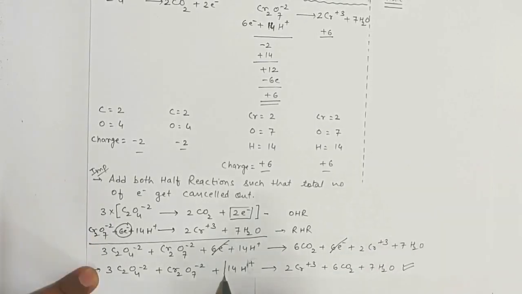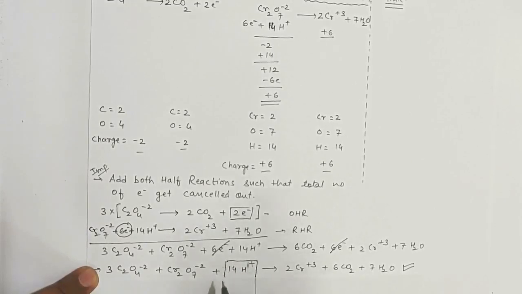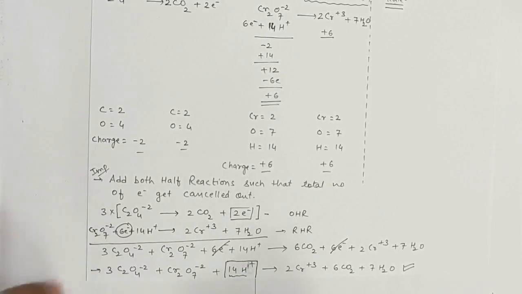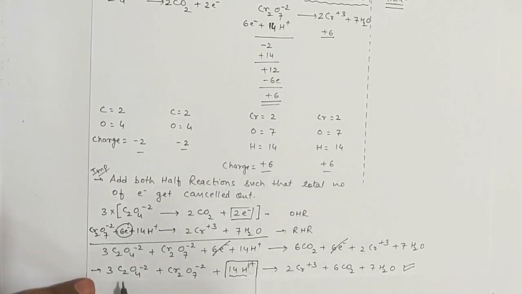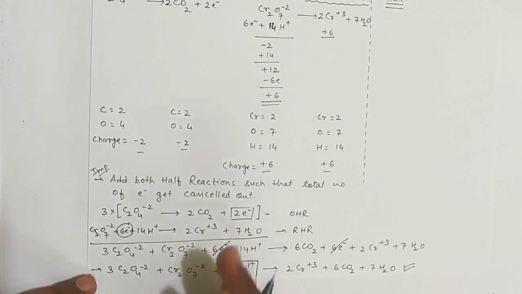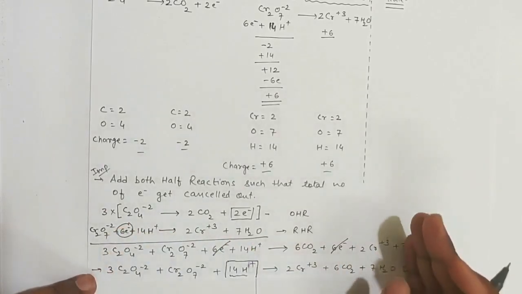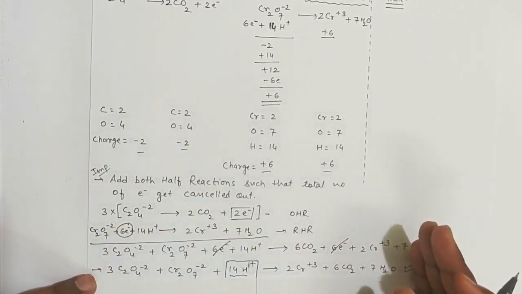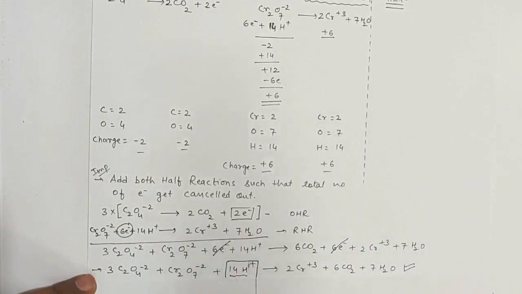Here the presence of 14 H plus ions shows that the reaction has been balanced in acidic medium. Before final submission, if you want, you can cross verify by calculating the number of atoms at the reactant side, and the number of atoms present at the product side should be equal and the total charge should also be equal.